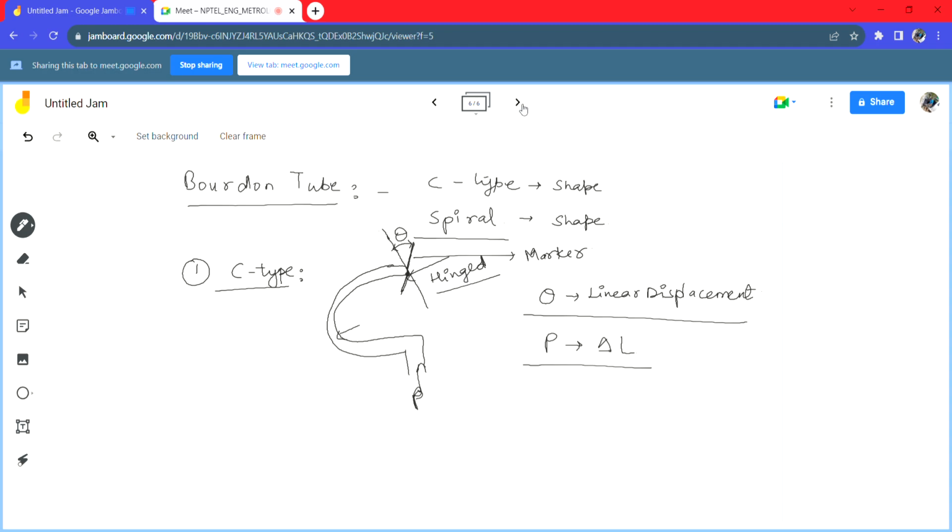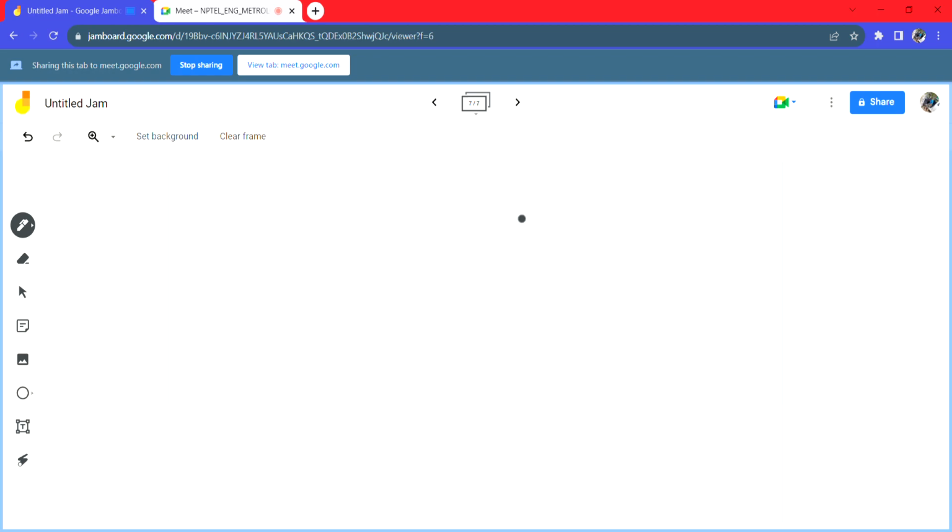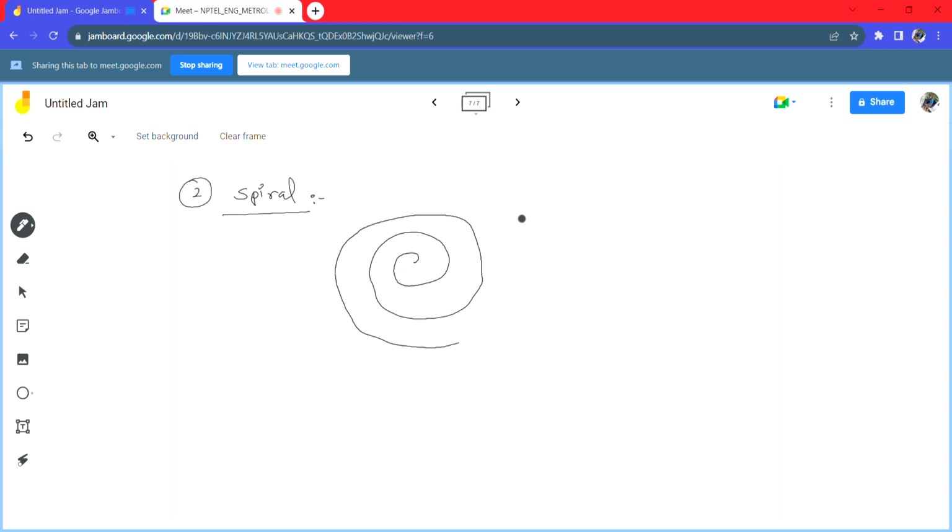Another type of design that is used for designing the Bourdon tubes is the spiral. Now, while we design the spiral tubes, let us say we have a design like this.